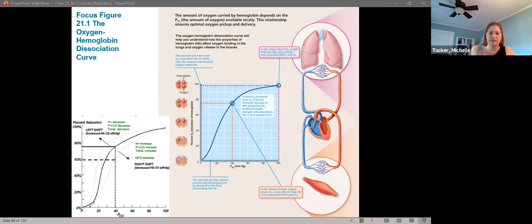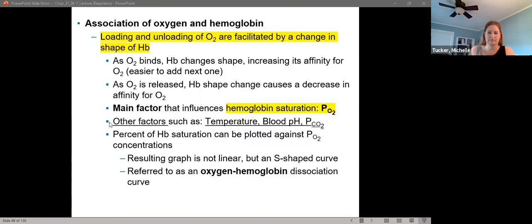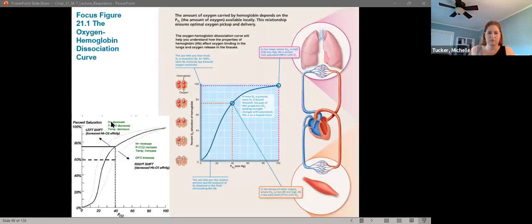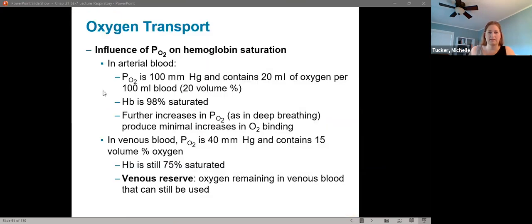It's called a right shift of the oxygen hemoglobin dissociation curve. And it makes the unloading of oxygen easier, due to the changing in the shape of hemoglobin. Go through that.